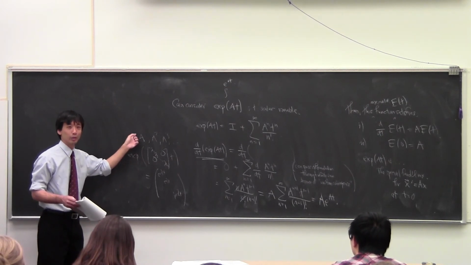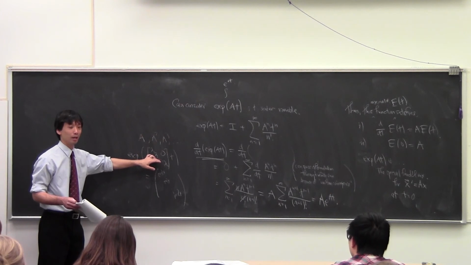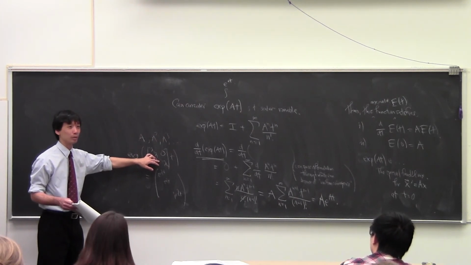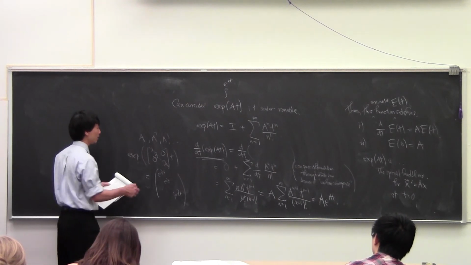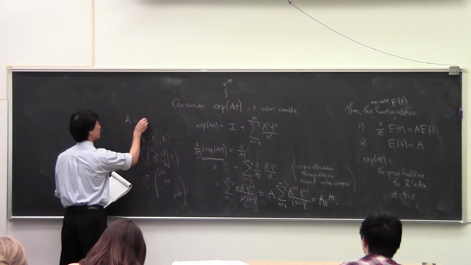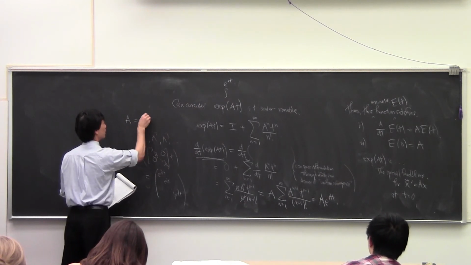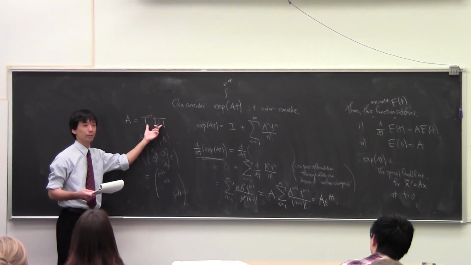But the ones that we're going to be really focusing on are the diagonal matrices, and to make it a little bit more interesting, we'll say also the diagonalizable matrices. If you have a diagonalizable matrix, then your matrix A is equal to some conjugate of a diagonal matrix.